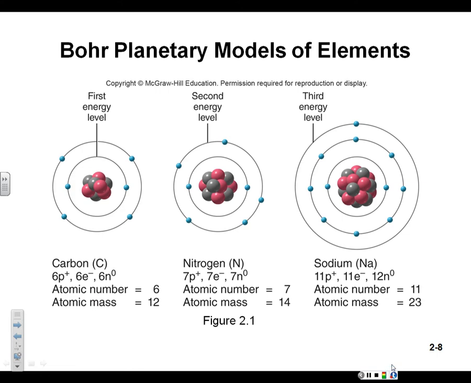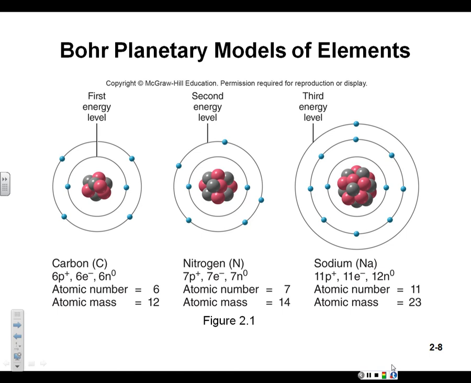Alright, so when you look at the Bohr model of an element, remember the center part is the nucleus. And what do we say we find in the nucleus of an atom? What makes up the nucleus? Alright, what do we find in the orbit around the nucleus of an atom?